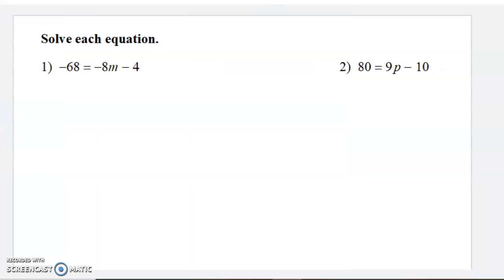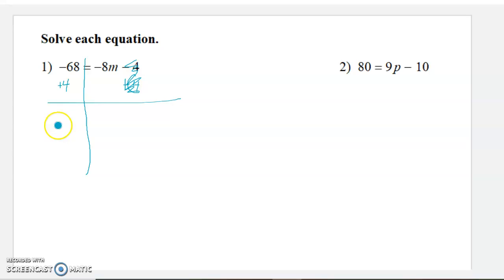All right, take a second and try and complete these two on your own. So number 1, m is the variable we're solving for. We need to get rid of this minus 4 first, so we're going to add 4. So it's gone over here.